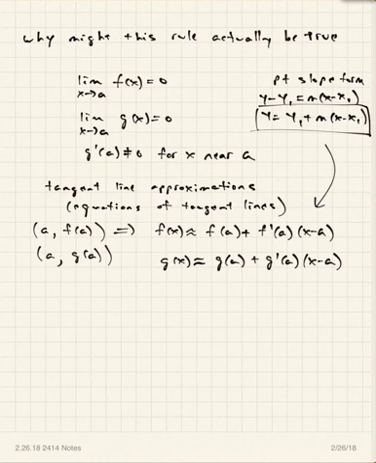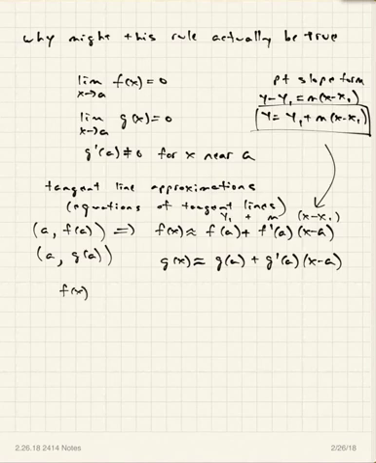So this is y1 right here plus m times x minus x1. That's all it is. Okay? And so we're saying that those two equations approximate the curves f and g through these points a, f of a, and a, g of a.